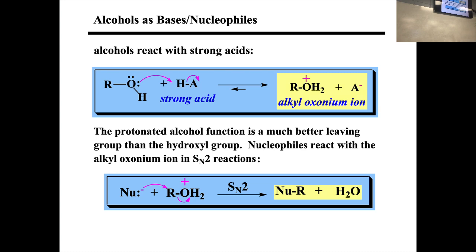She goes into my inventory, she goes and looks, and she comes back to me and she says, "Bad news, boss, we don't have any 2-bromopropane. But we've got 2-propanol. We've got isopropyl alcohol. We've got lots of rubbing alcohol." Okay? So we got a lot of this. And she wants that. How can we do it?